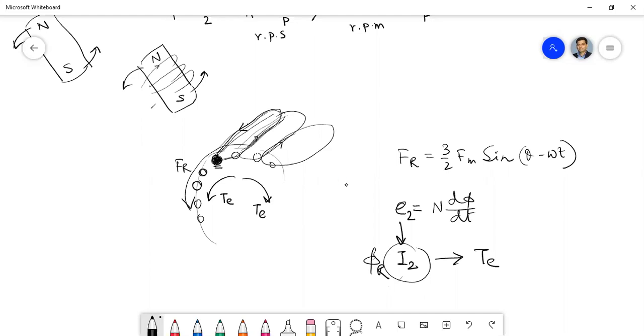Previously I was static, so therefore the voltage was induced in me, but now I am also rotating with the rotor. তো সেক্ষেত্রে কি হবে ভোল্টেজটা? There will be no change in magnetic field, correct? So there will be no change in magnetic field. Now what will be the voltage? Voltage will be 0.